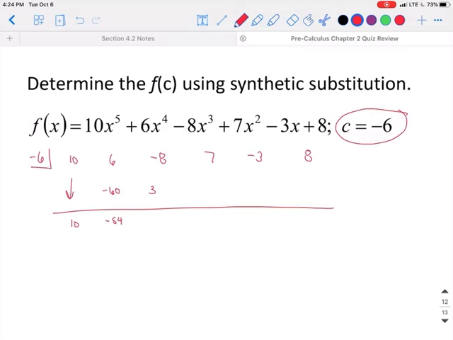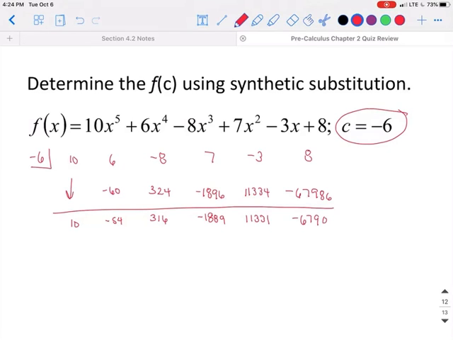Add down. Multiply negative 6 times that, negative 54. Add down. Multiply negative 6 times 3, 16. Add down. Multiply negative 6 times negative 1,889. Add down. Multiply one more time.